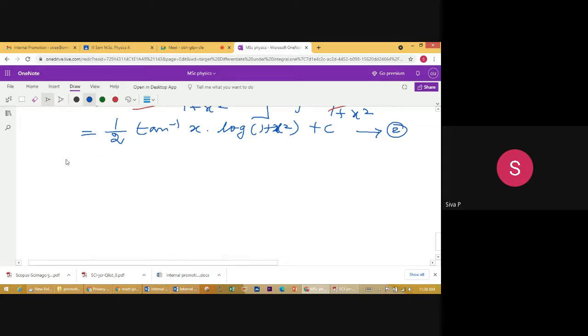Now putting x equal to 0, you get that c equal to 0.